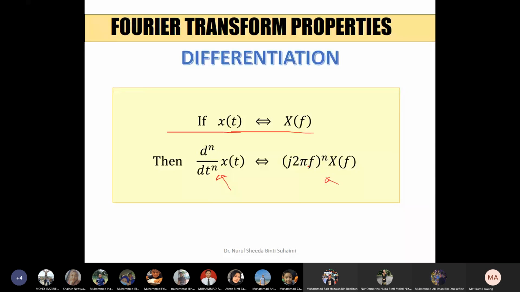So you just transform x of t into X of f and multiply by this factor. You don't have to do differentiation in the frequency domain, you just multiply by a factor to the power of n. That is another beauty of the Fourier transform.